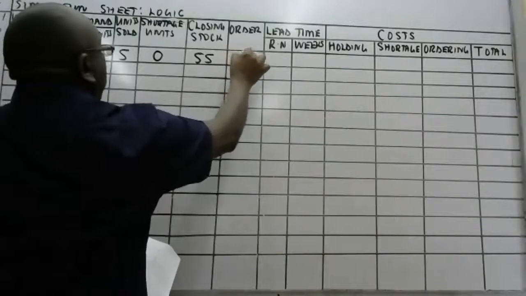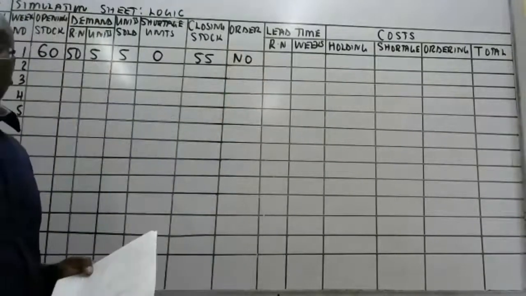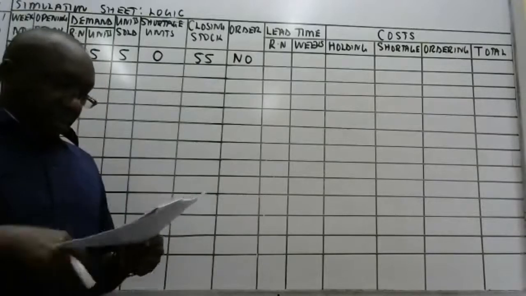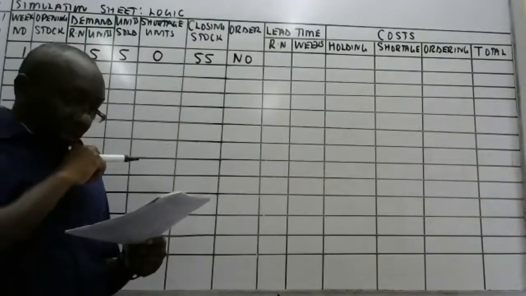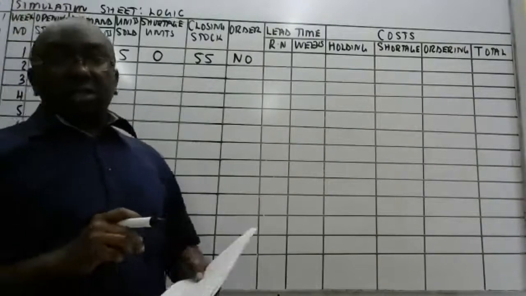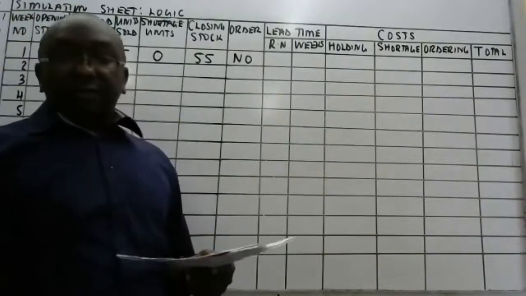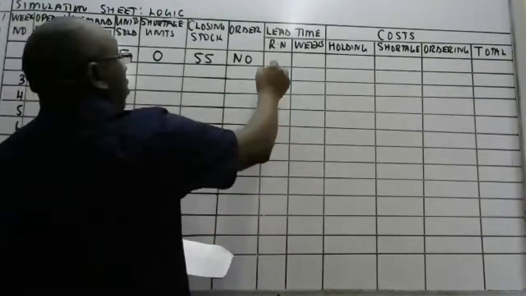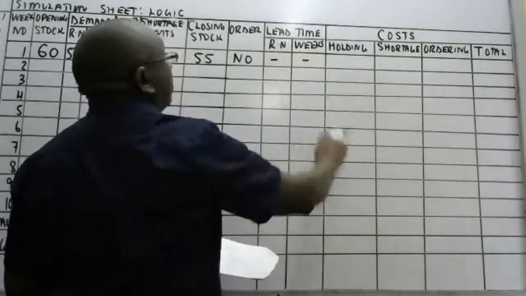Do you place the order? No, because according to information 1, the reorder point is set at 40. So you place the order when you are at 40 or below. So we are not yet. So when you say no, there is nothing in the lead time.